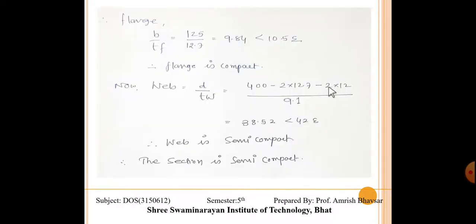Now again, for the flange, b upon tf is 9.84, which is less than 10.5, so it is compact. For the web, d upon tw is 38.52, which is less than 42 epsilon. So the web is semi-compact. So our whole section is semi-compact.